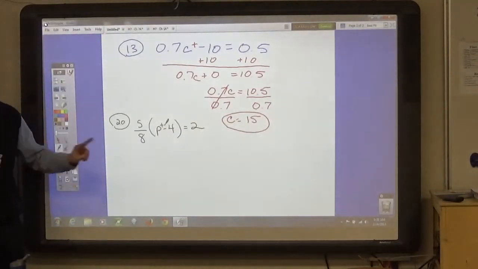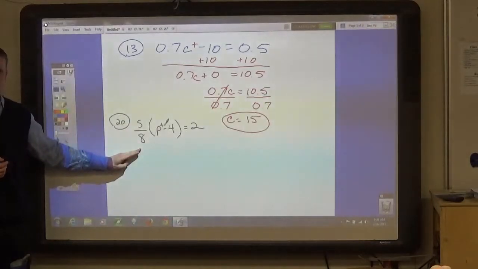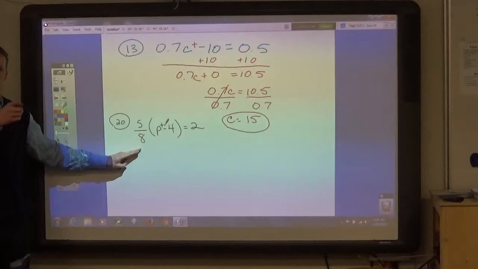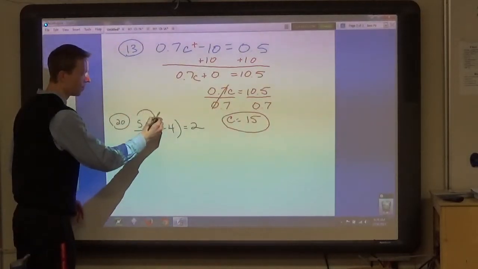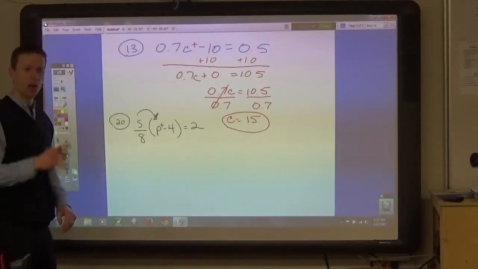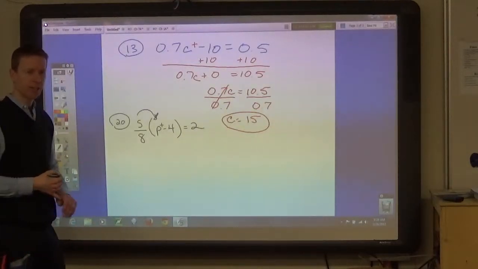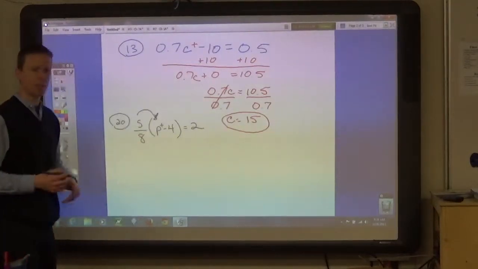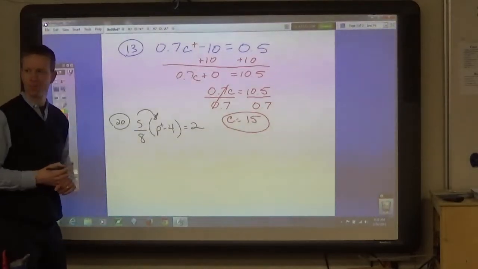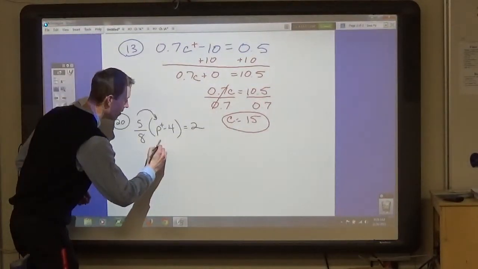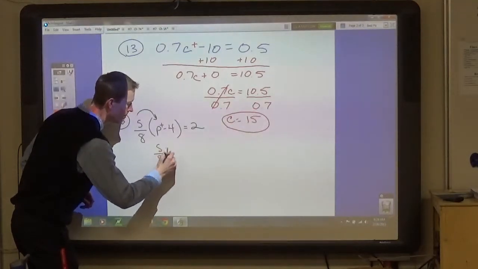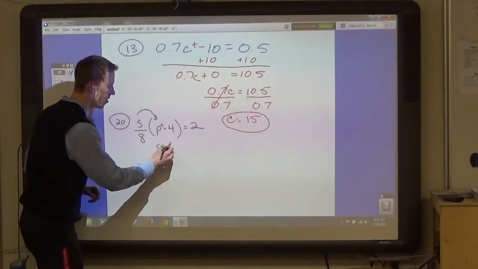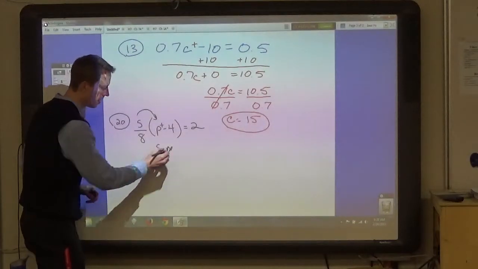We have two options. We can get rid of the fractions by multiplying by 8 on both sides, or we could just multiply over the parentheses. What's 5/8 times b? 5/8 b's.